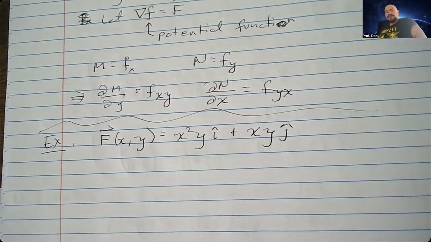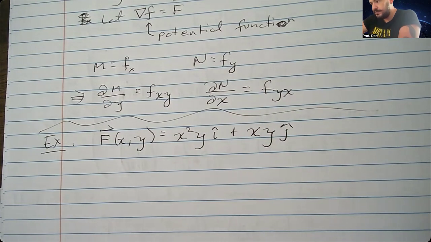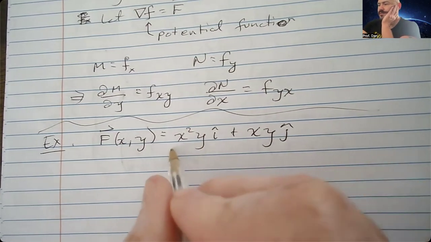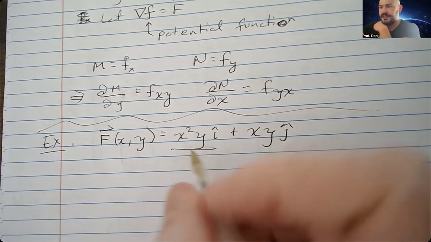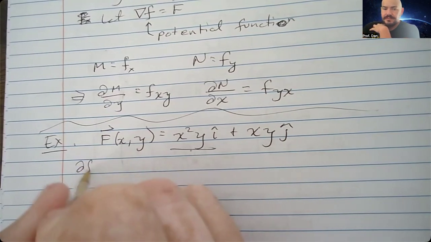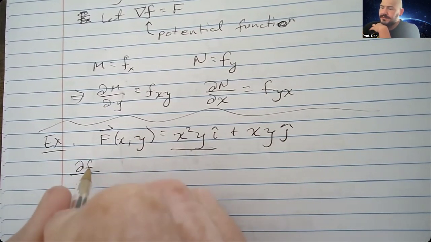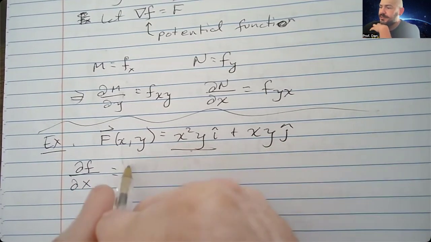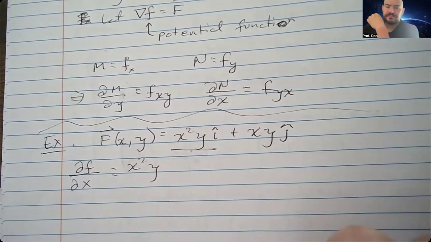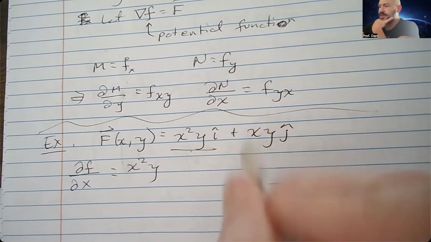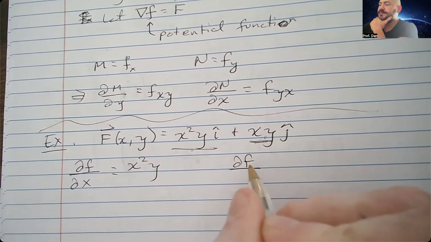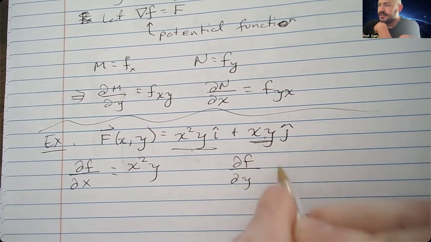And we want to determine if F is a conservative vector field. So first off, remember this tells me that the partial derivative of the potential function f with respect to x is equal to x squared y. And this tells me that the partial derivative of the potential function f with respect to y is equal to xy.